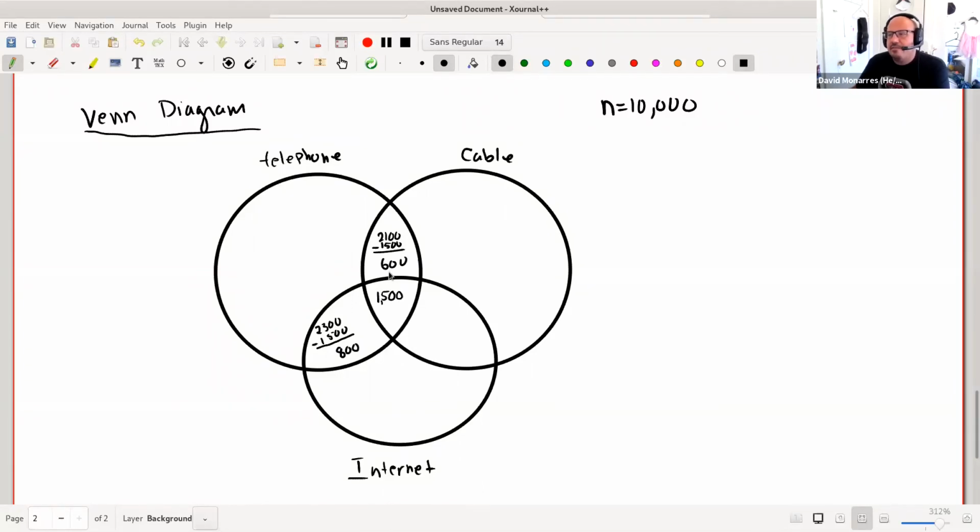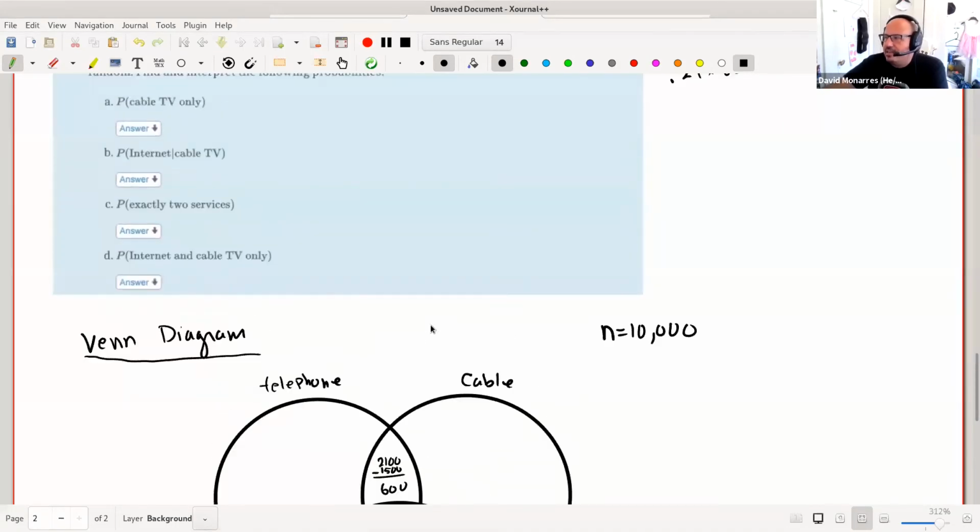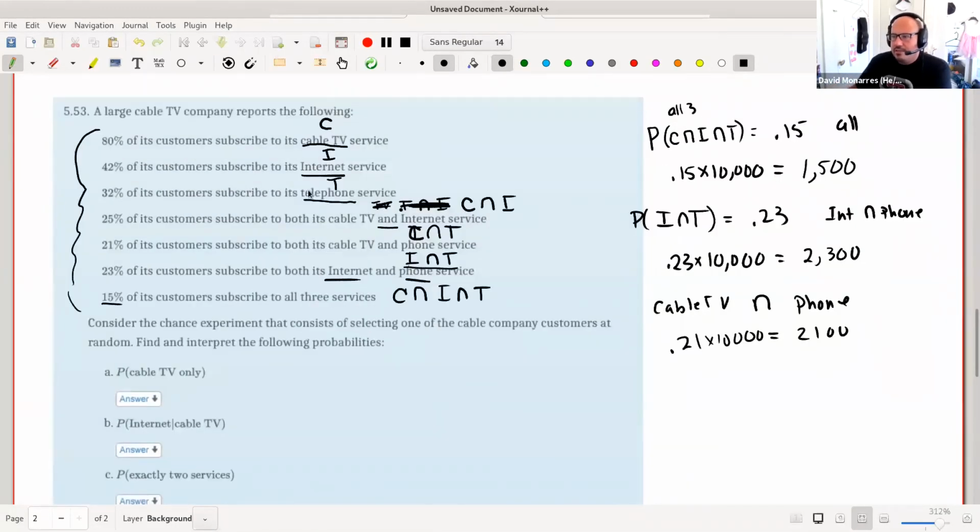So that means we have 600 people who use telephone and cable TV, but not internet as part of the package. And then I think you guys can kind of see the next step. We're going to then take the cable and internet. So this is cable, TV, and internet. And what they say is that we have cable and internet, we have about 25%.